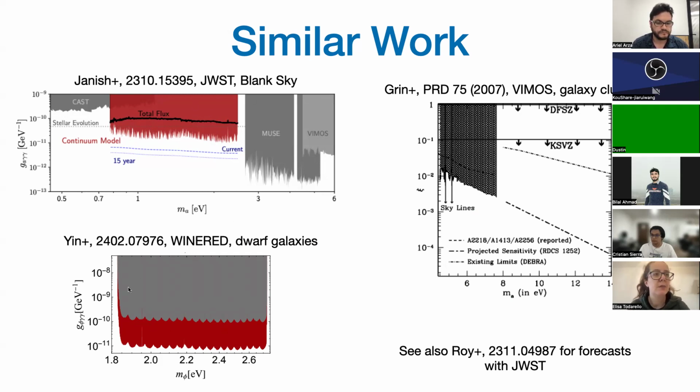And there's also this bound here, also in the infrared, using the spectrograph WINERED. Also, there are some forecasts here, always with the JWST, a projection of its sensitivity at the end of its lifetime.